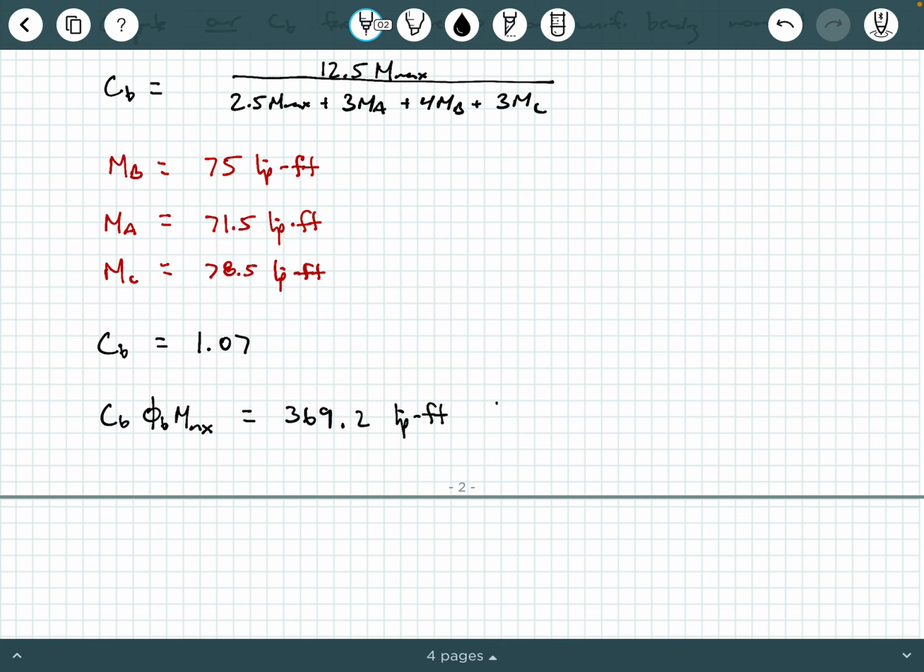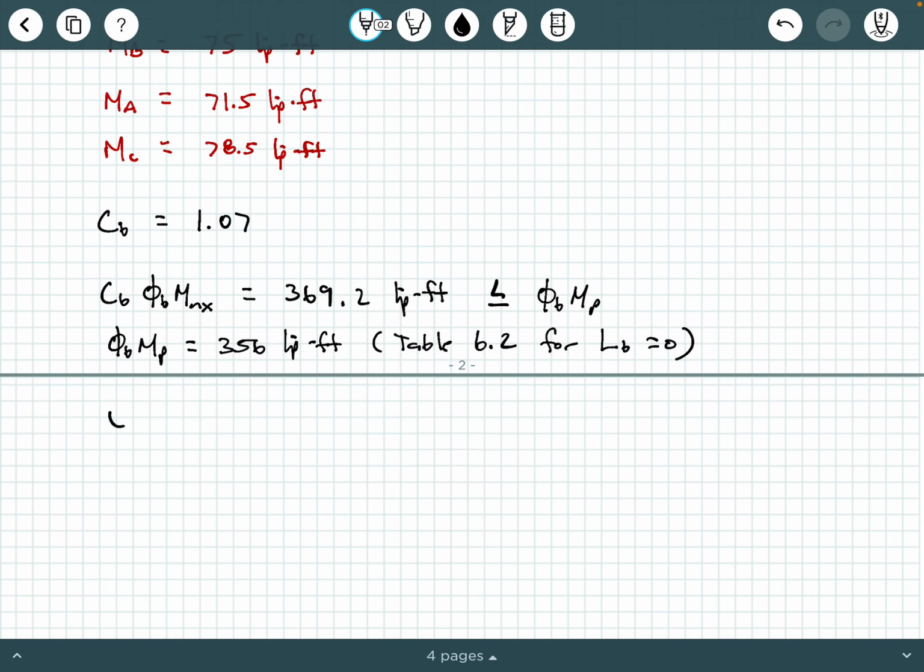So this must be less than or equal to phi B MP, and phi B MP is going to be equal to 356 kip feet, and I'm obtaining this from the same table 6.2, for an unbraced length of 0. So we're going to use phi B MP equals 356 kip feet as our flexural strength.